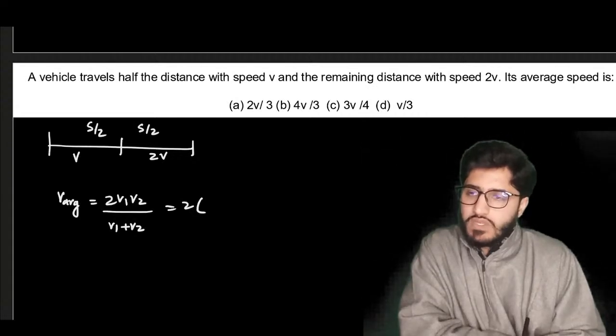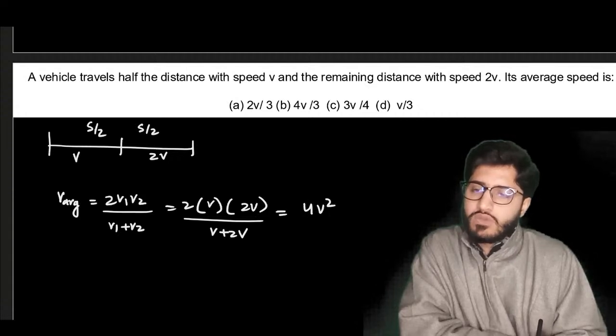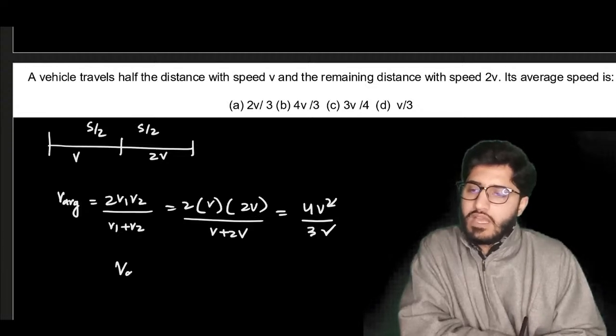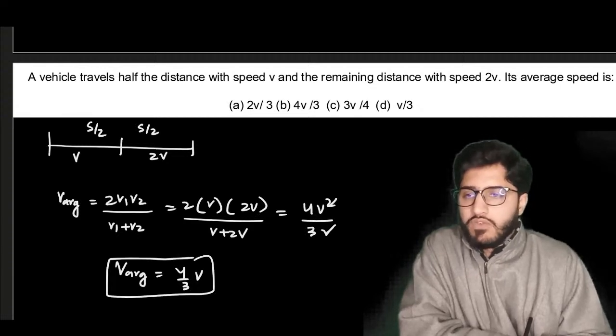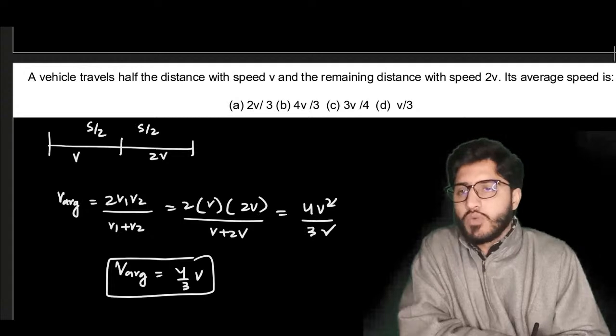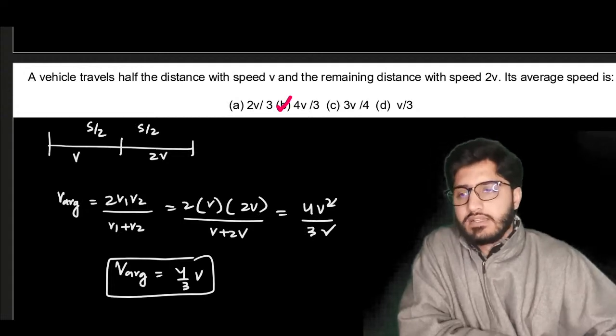So 2, what is v1? It is v, and what is v2? It is 2v. So I can write v plus 2v. It came out to be 4v square divided by 3v. V cancels out. So my v average came out to be 4 by 3 v. This is my required answer. 4v by 3. I guess option number B is correct. Option number B is correct.